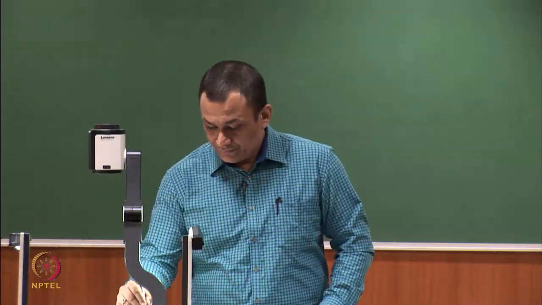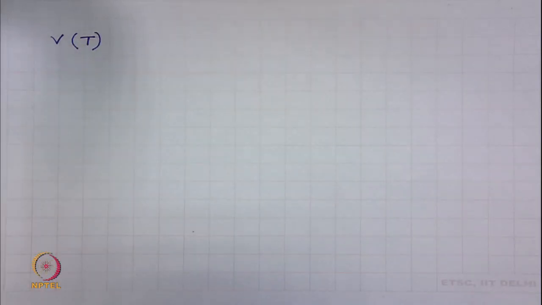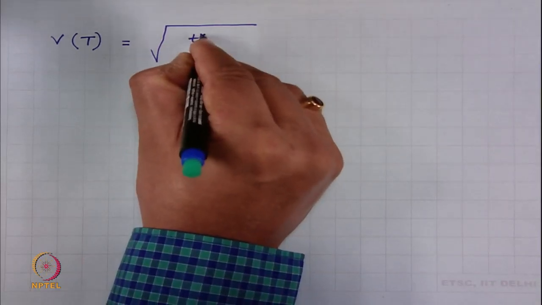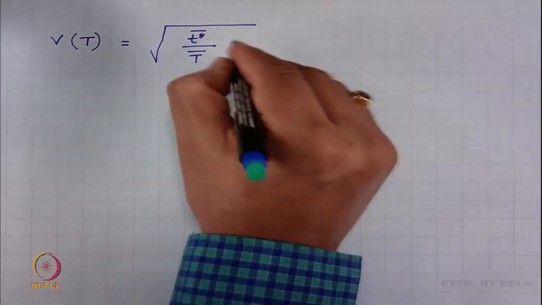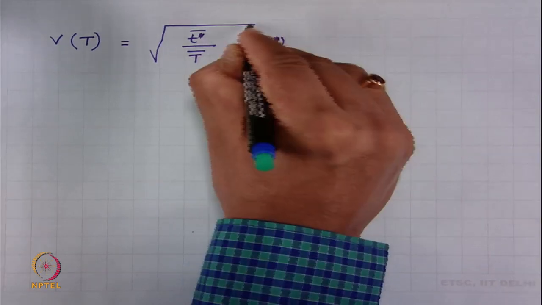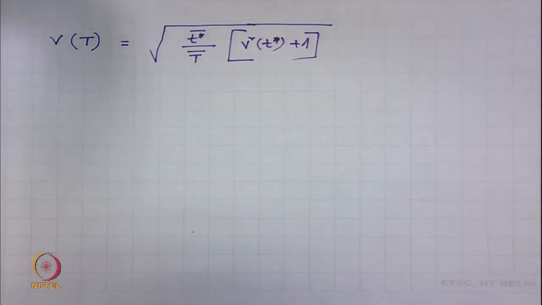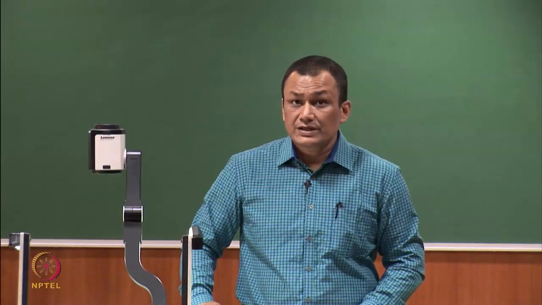So, V t is equal to T star this into V square T star plus 1. This will be the CV of fineness of sliver with inclined fibers.